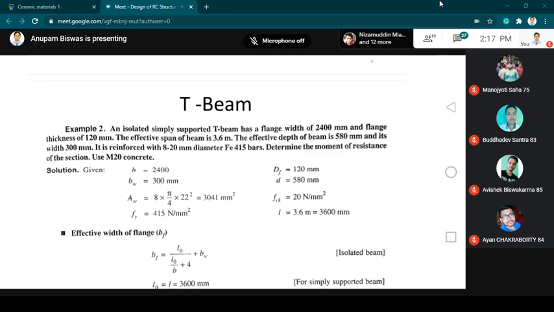All of you try to solve on a piece of paper. I hope all of you are having a calculator. Just calculate it and give me the number. That's all you have to do. Find the value of XU, then check whether the assumption that you have considered, that 0.43 XU is less than DF, is coming or not.